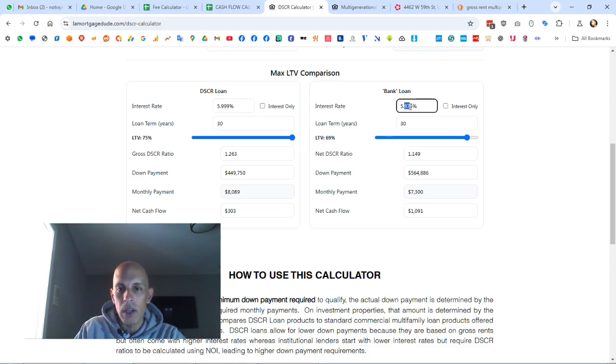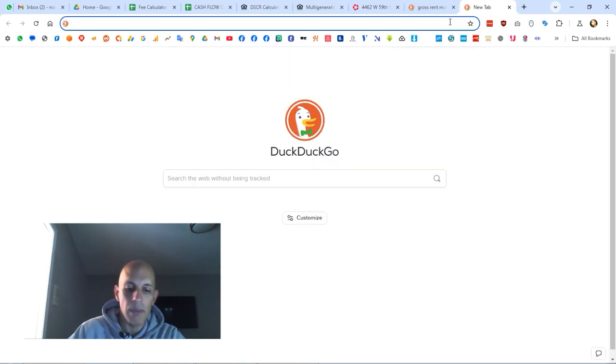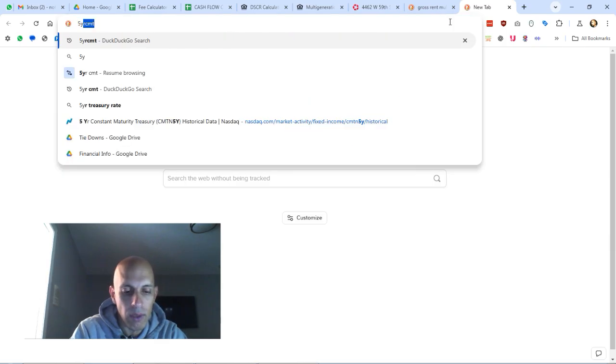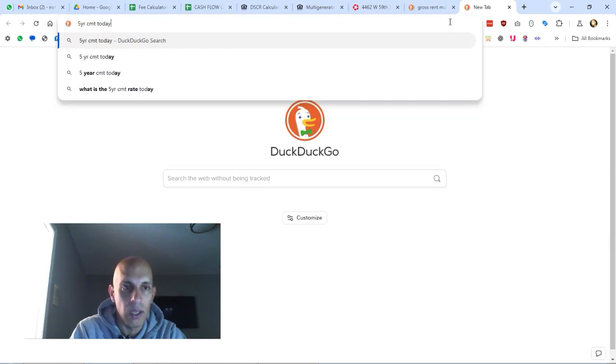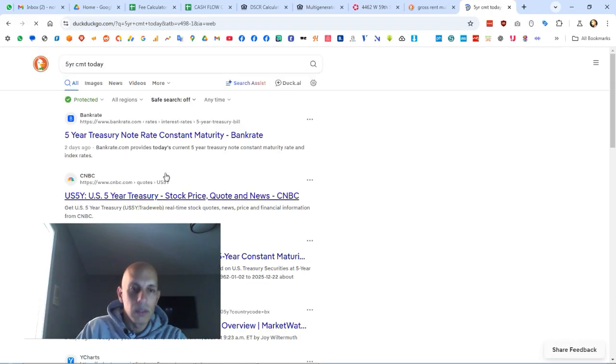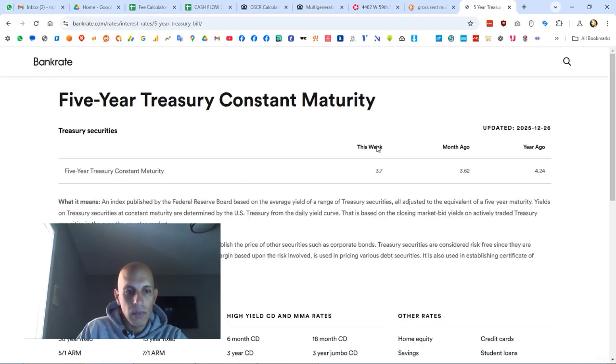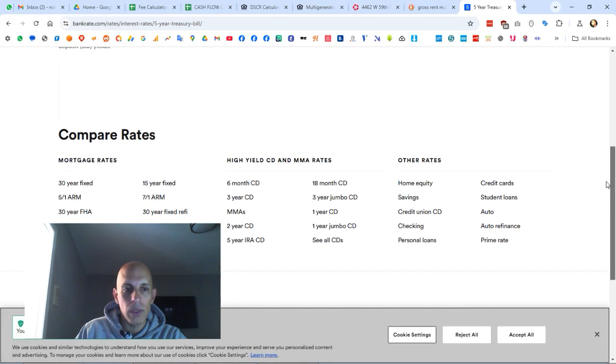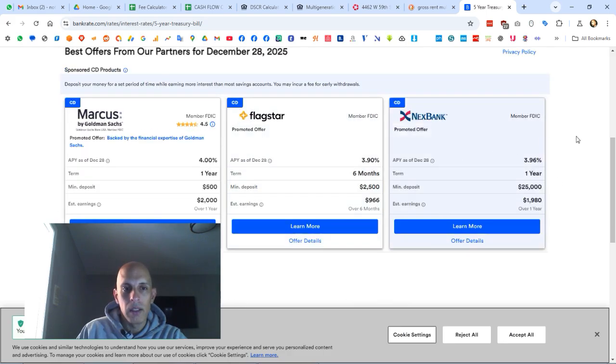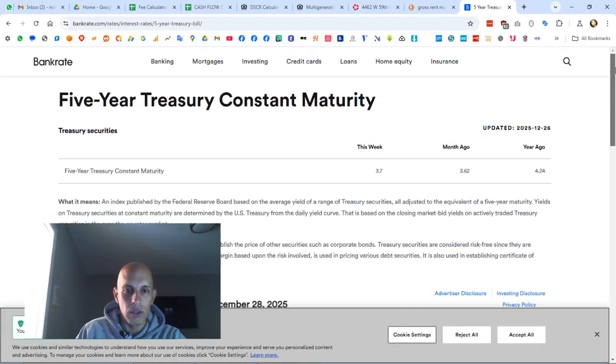Your interest rate on this is going to be the 5-year CMT plus 2.25%, I believe. Let's see here, 5-year CMT today. So today we are looking at, let's see if this even shows it, this week, a month ago.